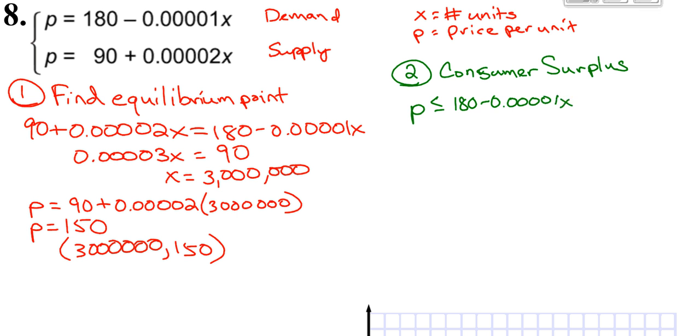So P is less than or equal to the demand. And then we also want P to be greater than or equal to 150, so P is greater than or equal to the equilibrium.